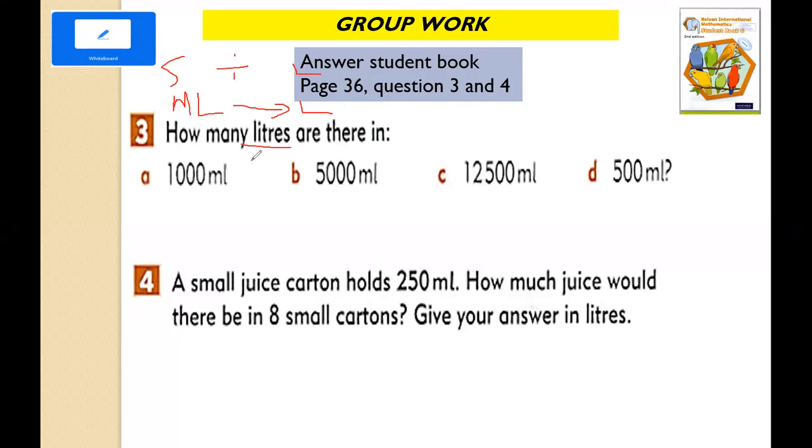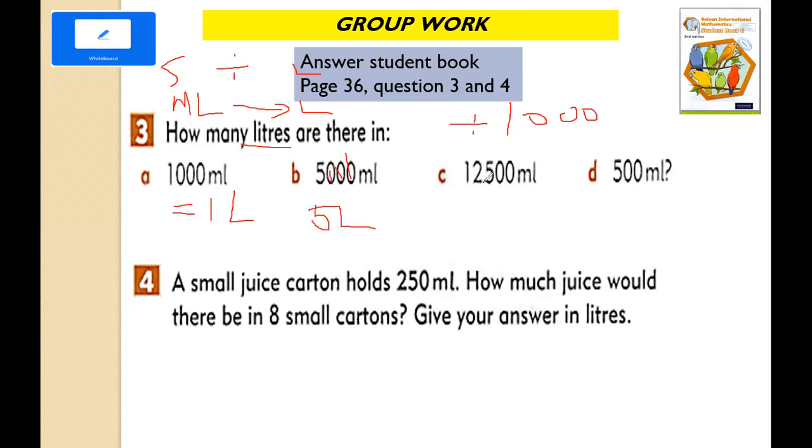Okay, 1,000 divided by 1,000 equals 1 liter. Remember, we are dividing only by 1,000. Okay, so 5,000 divided by 1,000. So 1, 2, and 3. So 5 liters.